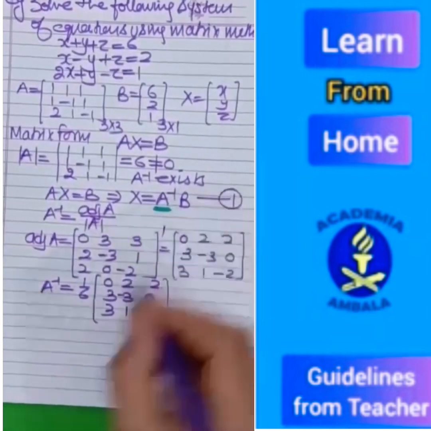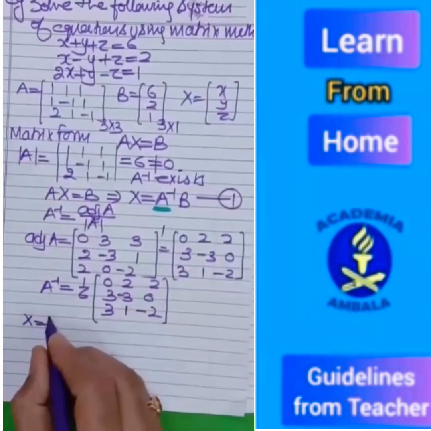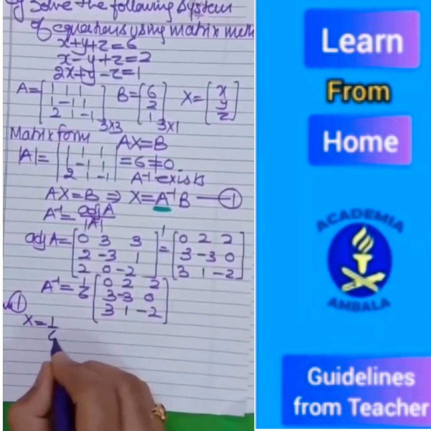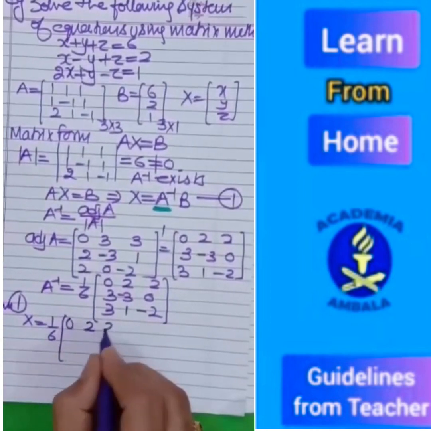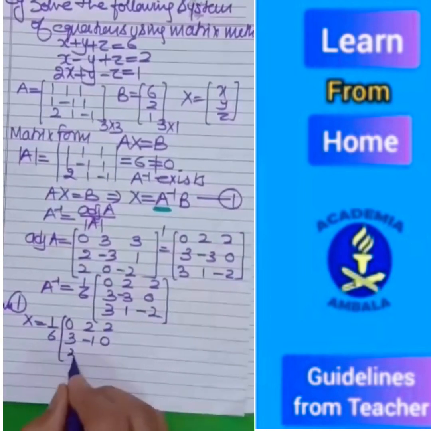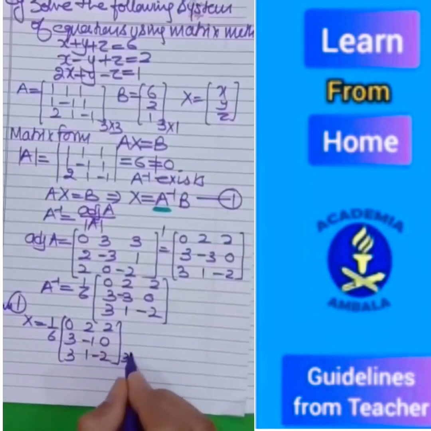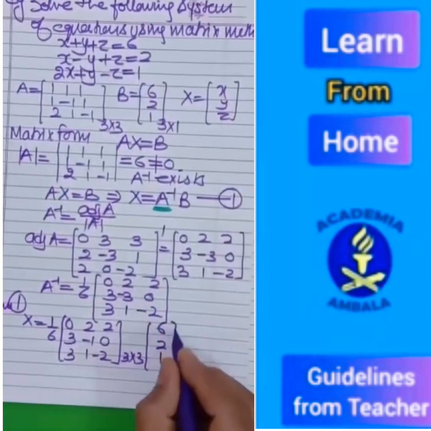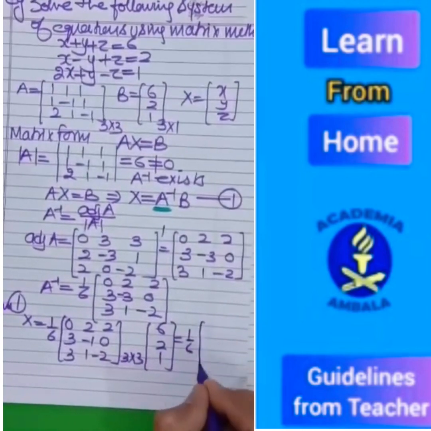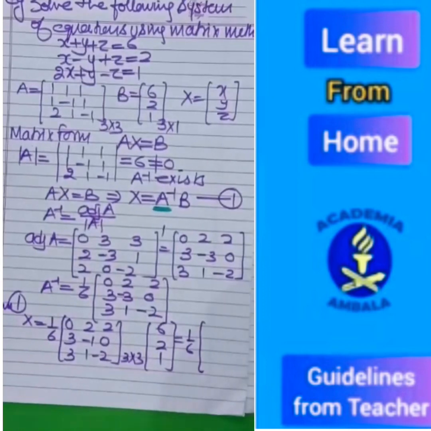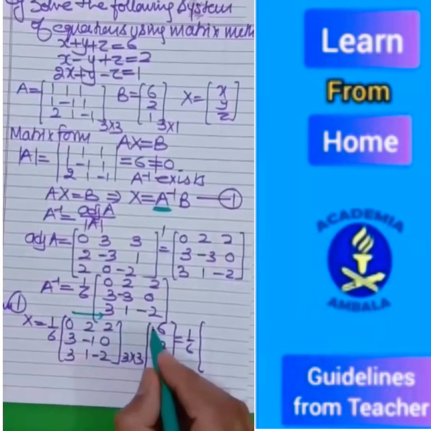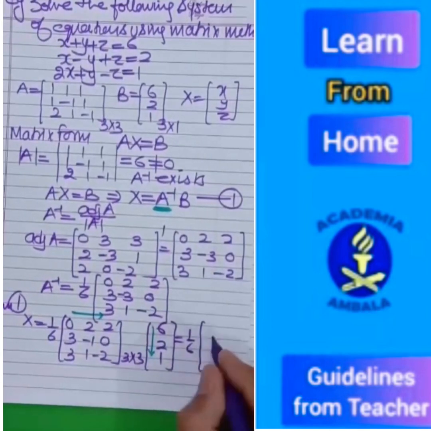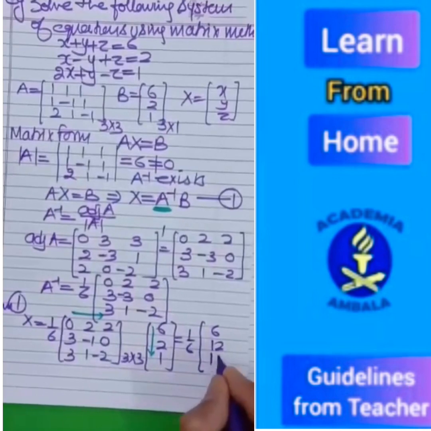For finding X, we will use this equation first. From the first, X is equal to A inverse B. Now A inverse is to be multiplied with B. This is a 3 by 3 matrix and your B is 6, 2, 1. When you multiply this matrix as row by column multiplication, on solving, we will get 6, 12 and 18.